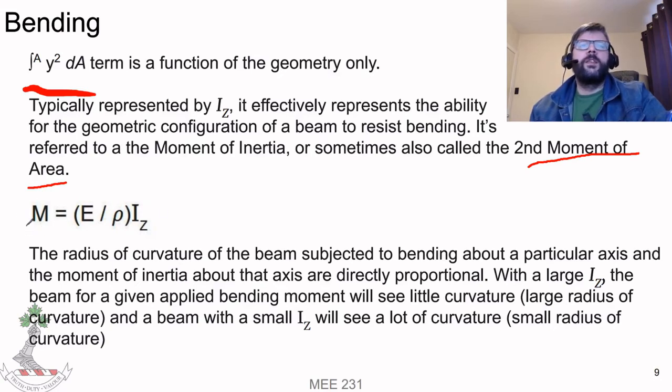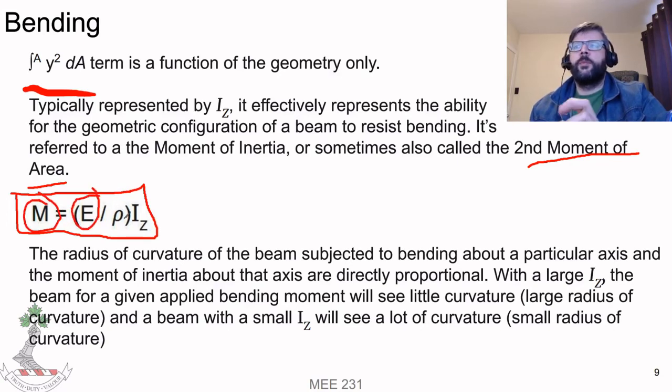So that relates the bending moment you apply, the material properties, that thing, and the radius of curvature.